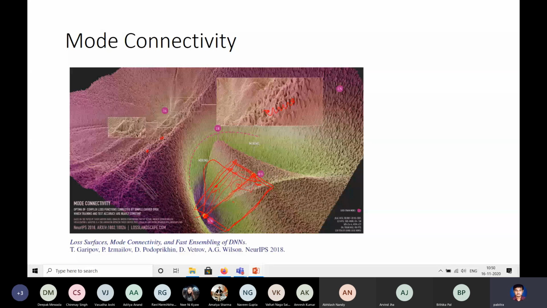I want your posterior to be centered here. So the weight posterior should be a distribution which is localized in this region. And I want to approximate this from these samples which I have drawn from the SGD trajectory.